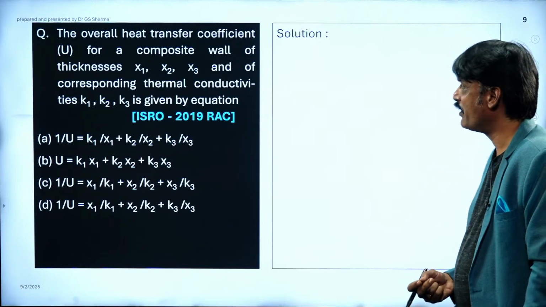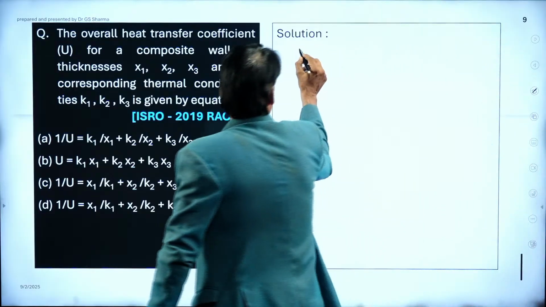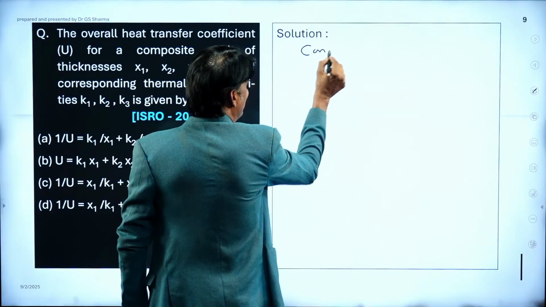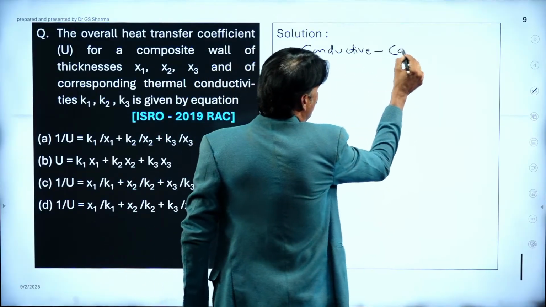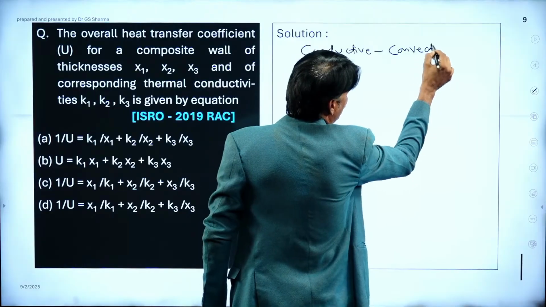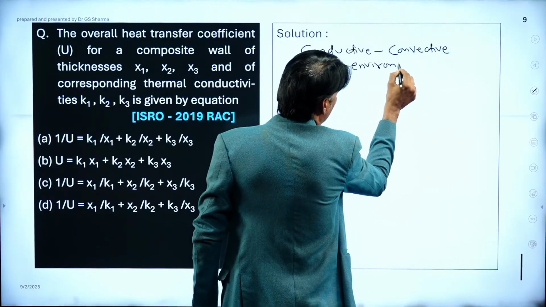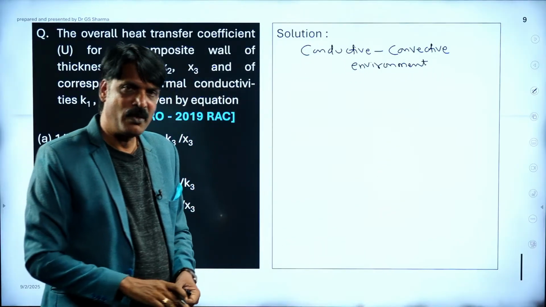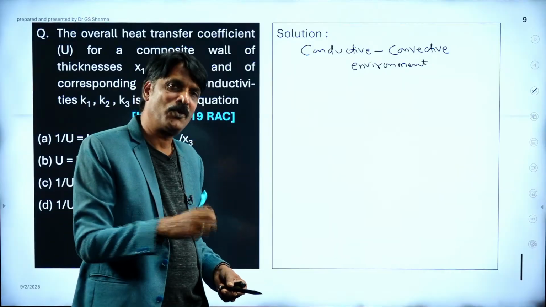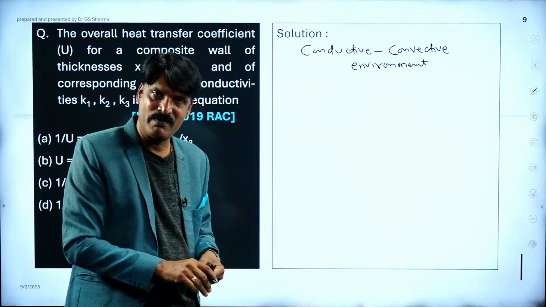If you look at overall heat transfer coefficients, generally whenever you have a conductive convective environment, I will try to write this in terms of a total convective environment that is equivalent to a conductive convective system.